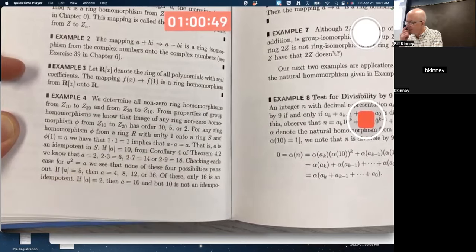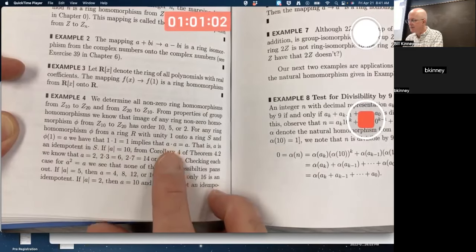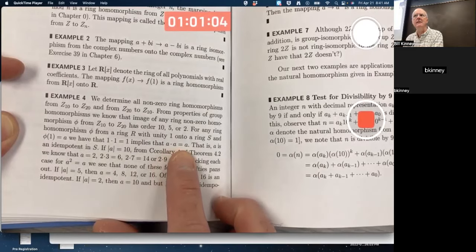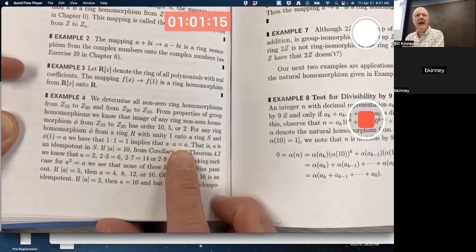In rings, including when we're not talking about 0 or 1, you can have this property: A times A can equal A. A squared can equal itself, including when A is not 0 or 1.